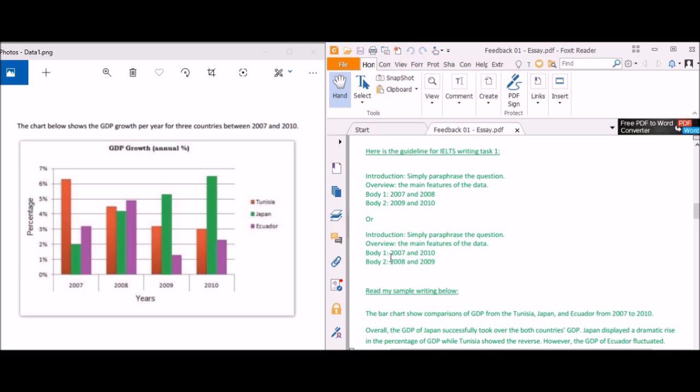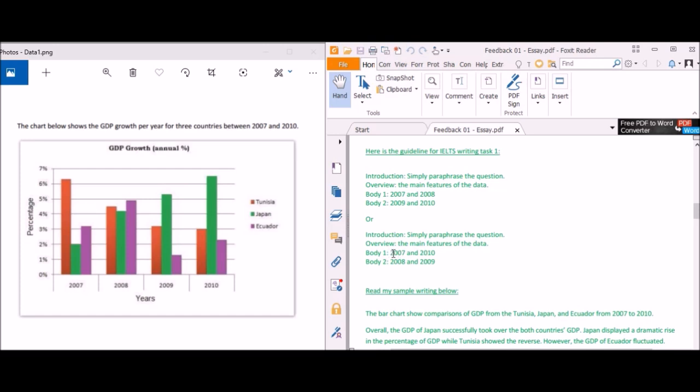Or this is the second template. You can use this or this. Please remember that the introduction is always simply a paraphrase of the question. Here is the question. And then this is the same as the template before: the main feature of the data, the interesting one, the highest one or the lowest one.